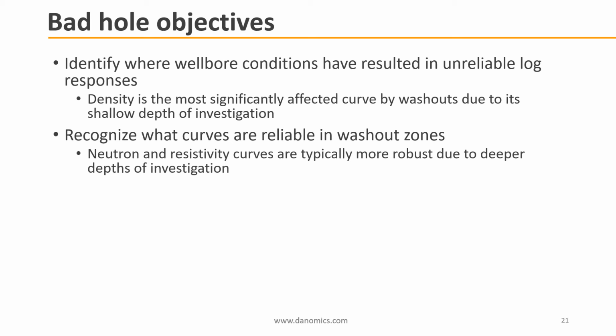And what goes alongside of this is recognizing what curves are more reliable. Things like the neutron curve and the resistivity curve have deeper depths of investigation. They are therefore more robust to washouts. And so, even though you may have a poor response in one curve, there's still data that is available to you from other curves in many cases.